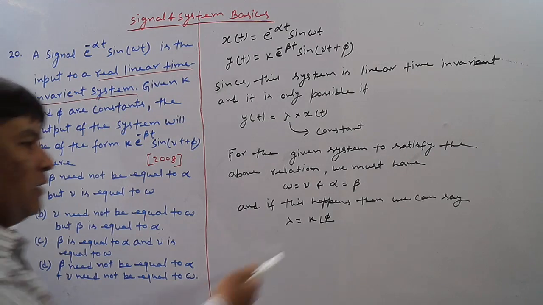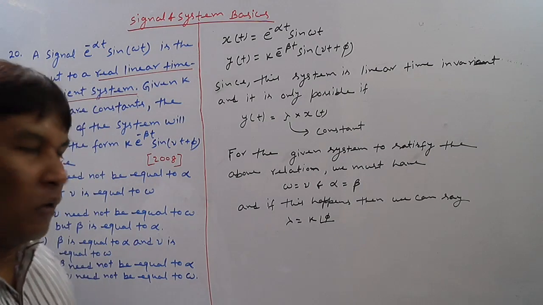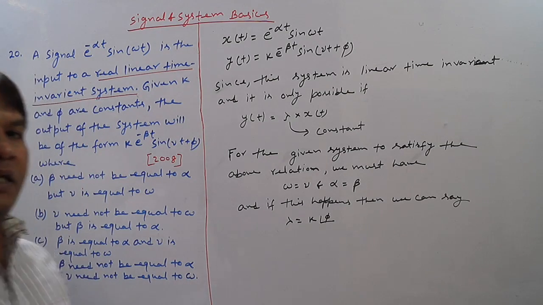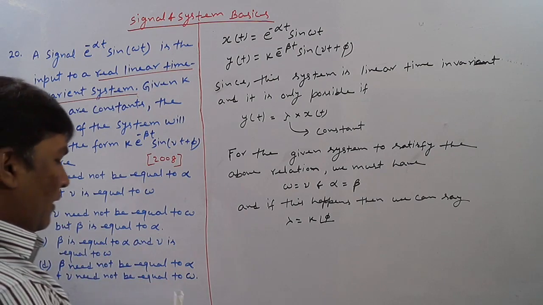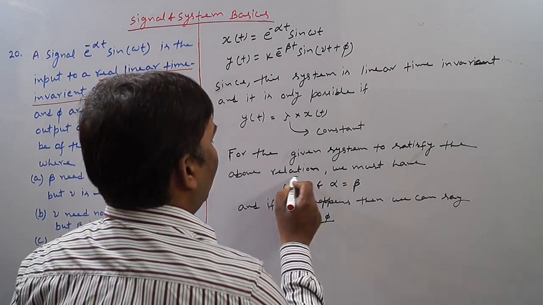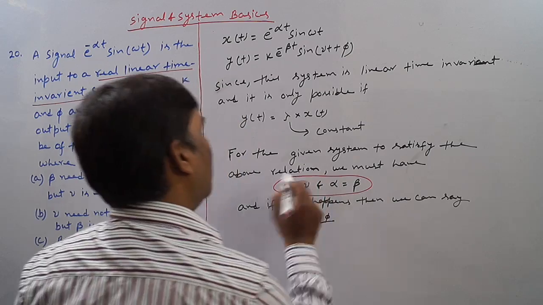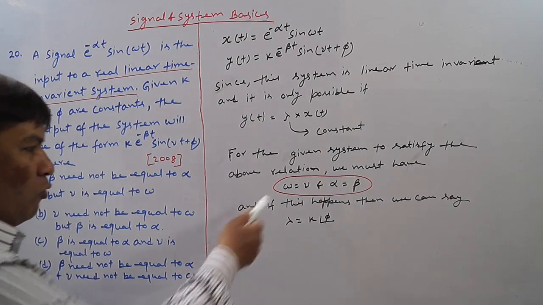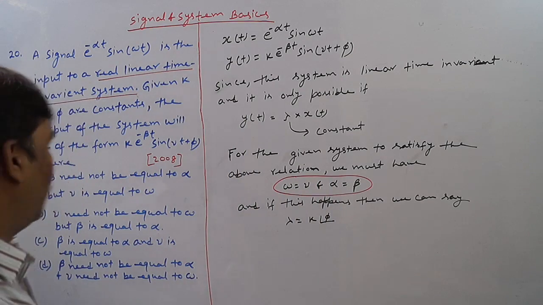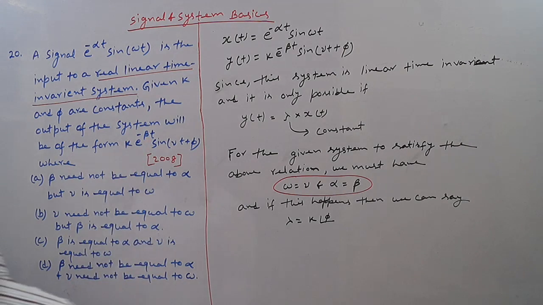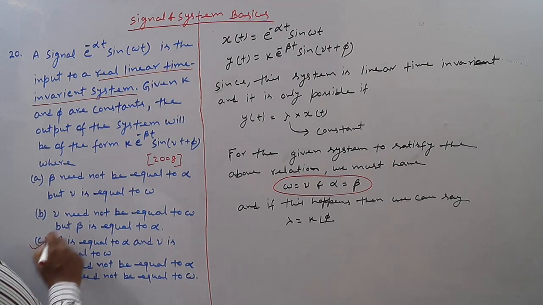K is constant and phi is constant, so both are constant. This is only possible when this relation holds, that is, omega equal to nu and alpha equal to beta. So which one of the given options is correct? Beta is equal to alpha and nu is equal to omega. So option number C is the correct one.